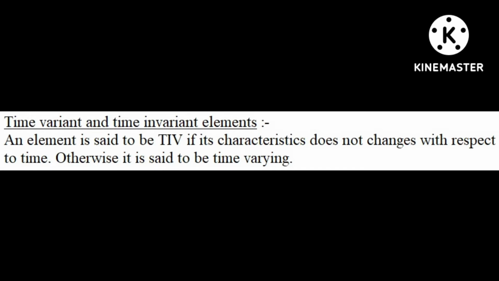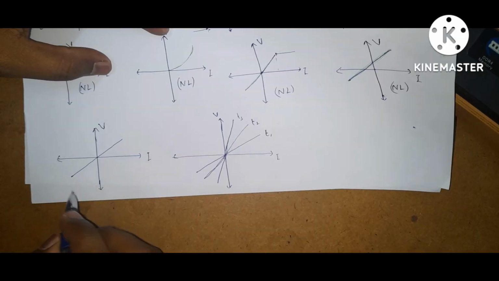Okay, next type of elements are time variant and time invariant elements. The definition is: an element is said to be time invariant if its characteristics do not change with respect to time. Otherwise it is a time varying element.